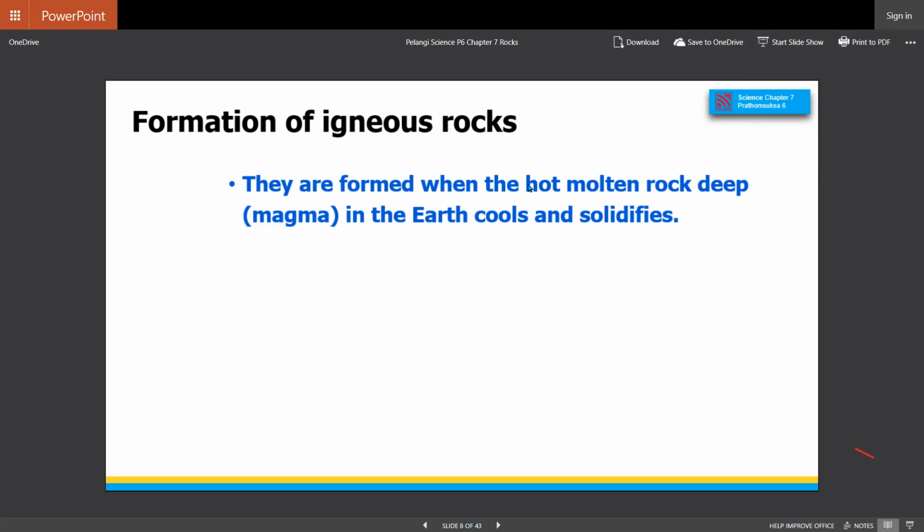It is now hot molten. Okay, so once the molten gets to the top of the table, it is called lava. All right, so when the lava gets to the Earth's surface, cools and solidifies, it is called a rock.